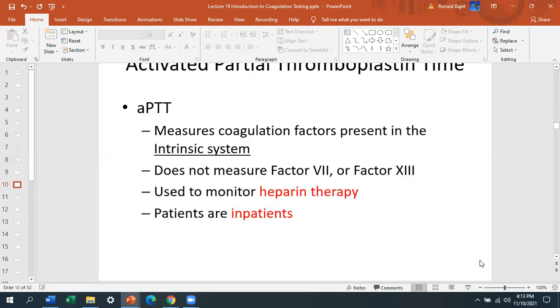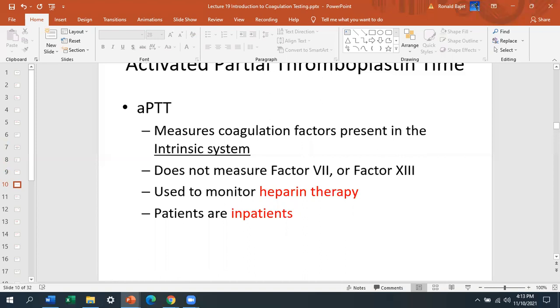The next test is activated partial thromboplastin time, and it measures the coagulation factors present in the intrinsic system. So the PT, or the prothrombin time, measures coagulation factors in the extrinsic system. Fortunately, in the extrinsic system, there's only one factor, and that's factor 7.